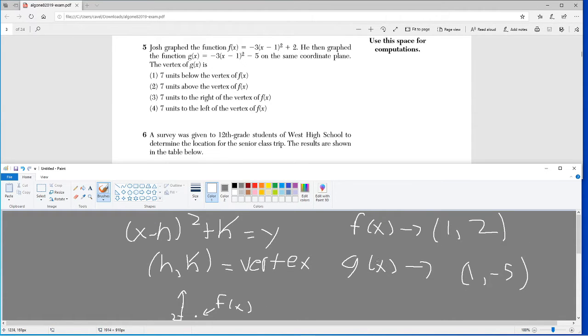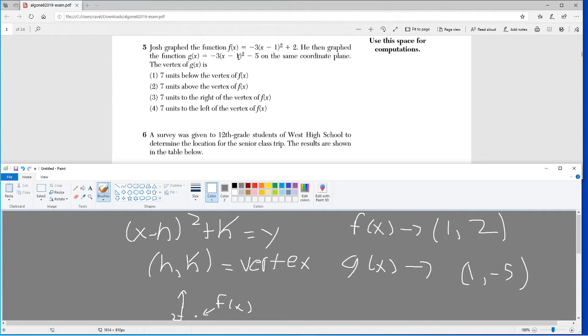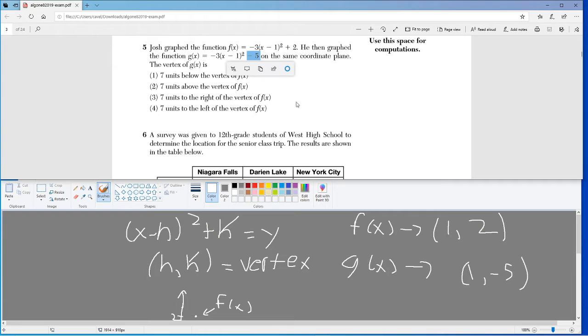So g of x is 7 units below the vertex of f of x. One thing I do want to say is that if you look at this equation, negative 3 times x minus 1 squared minus 5, a mistake people would make is thinking the vertex is 1 comma 5.